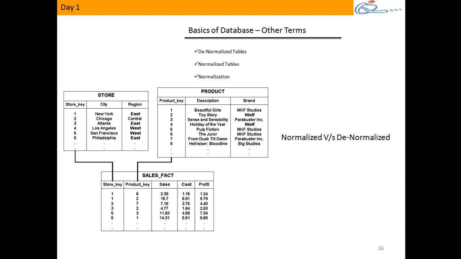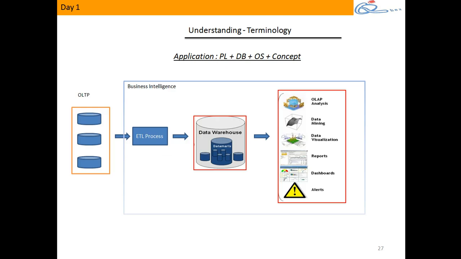If you're interested, you can take help of Google and spend some time. Don't be serious about it. Okay, fine. So that's fine. We are okay with those concepts of database. So you know what is table, primary key, composite key, foreign key, referential integrity, denormalized tables, normalization. That's okay. Next.